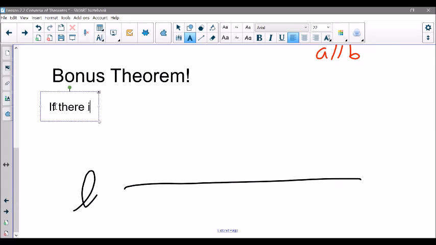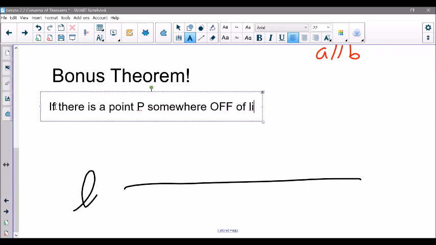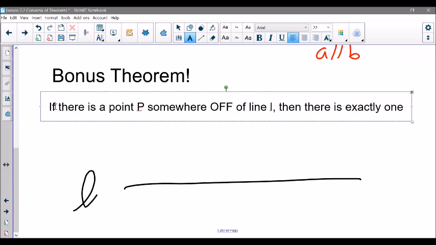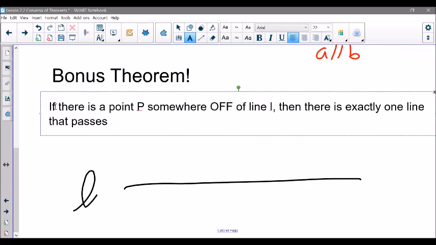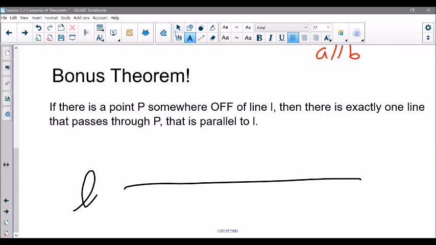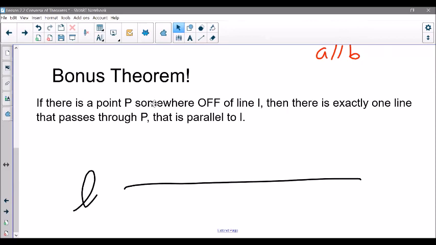So if there is a point, I guess P, somewhere off of line L, then there is exactly one line that passes through P that is parallel to L. All right, so that's pretty wordy. So let's talk about what that says.